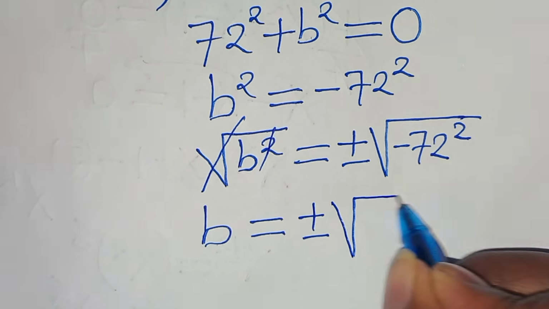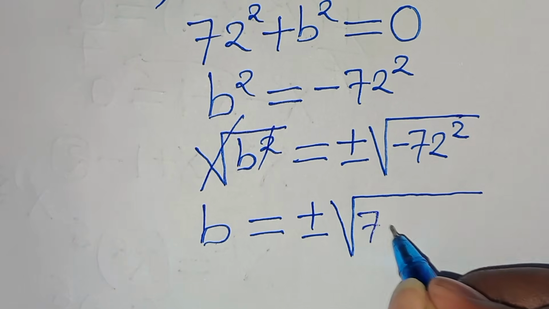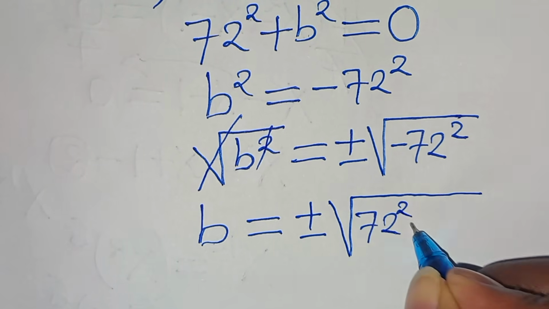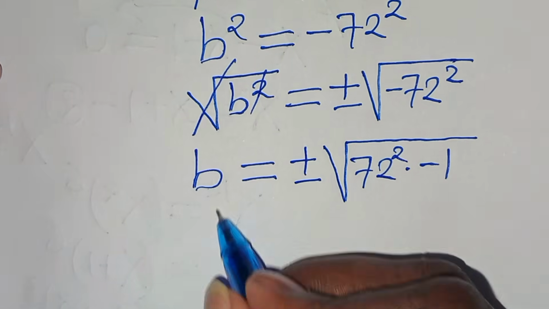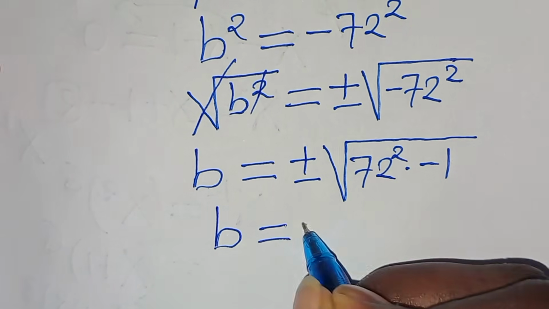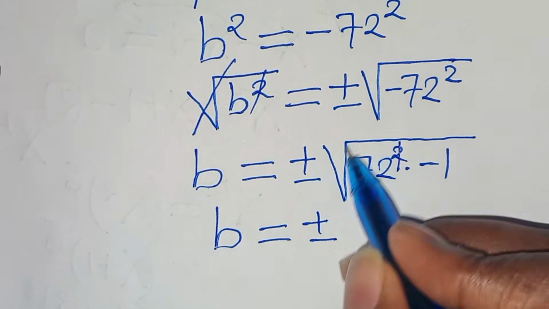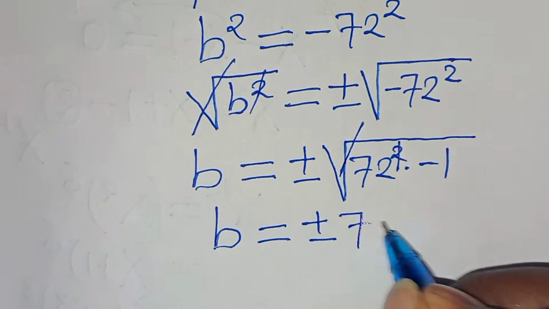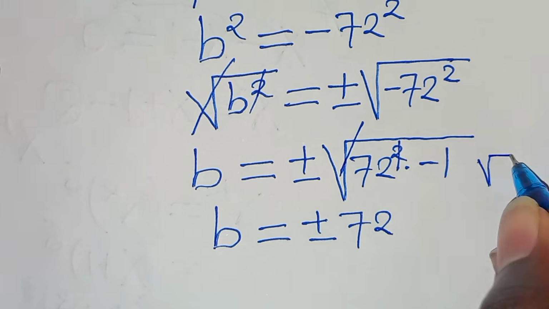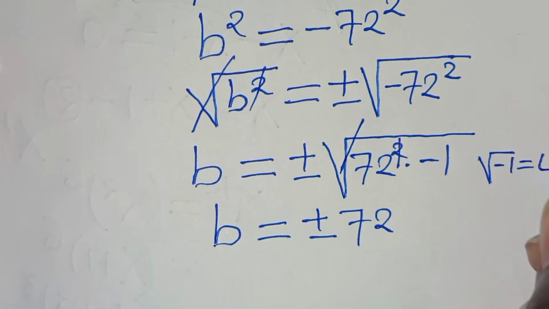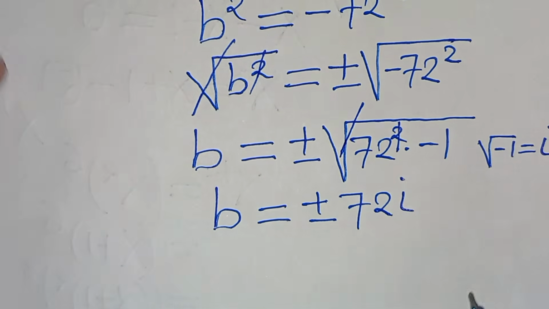We can express the square root of minus 72 to the power of 2 as 72 to the power of 2 multiplied by minus 1. So b is equal to plus or minus the square root of, eliminating the square root sign, 72 times the square root of minus 1. The square root of minus 1 is the same thing as i. So we have plus or minus 72i.